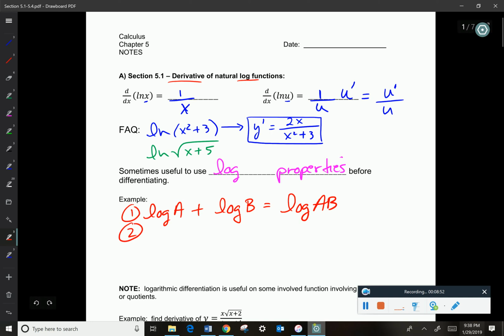And then hopefully that makes you think of the next one: what if you subtract, say, log A minus log B? That would be log of A over B.